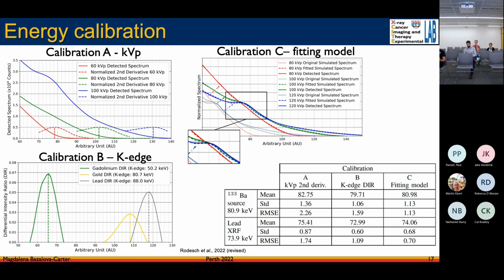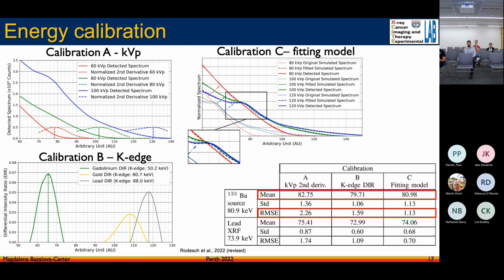The results of this study were that the fitting model provides the highest accuracy. We are expecting the barium source at 80.9 keV, and this one gave us about 81 keV, or 80.98. This model C also resulted in the lowest root mean square error of 1.13, and the other ones were higher. The same results were found with the lead X-ray fluorescence.